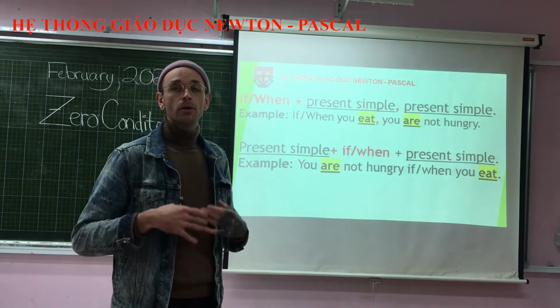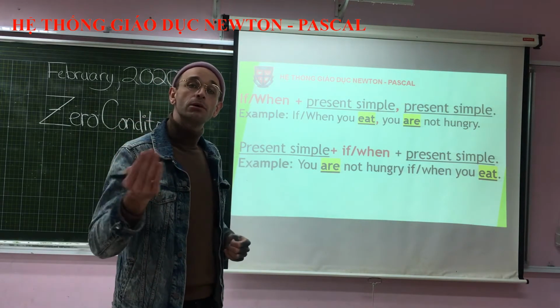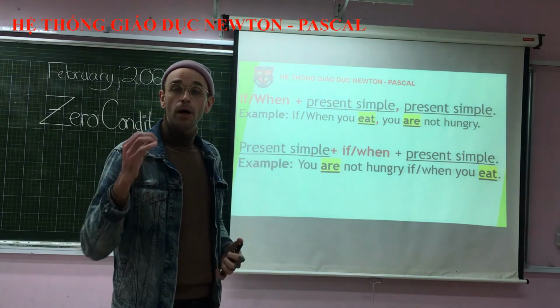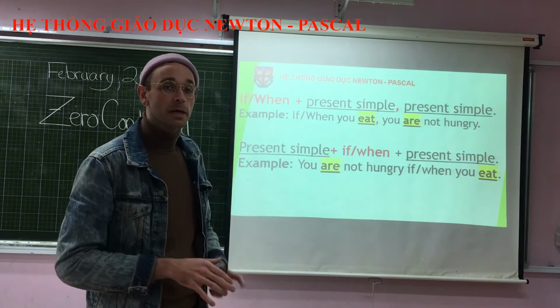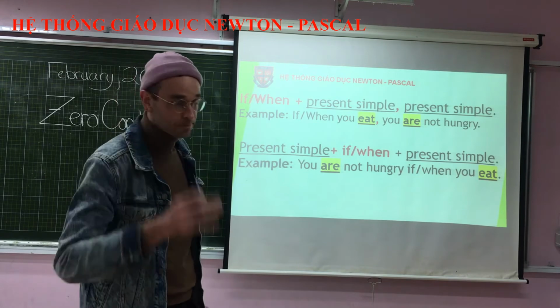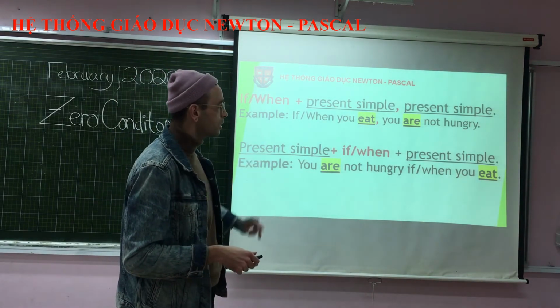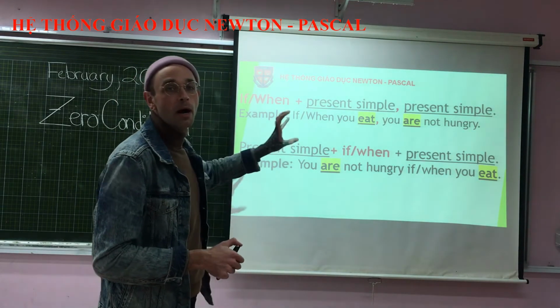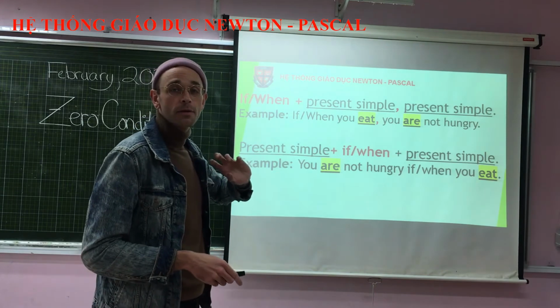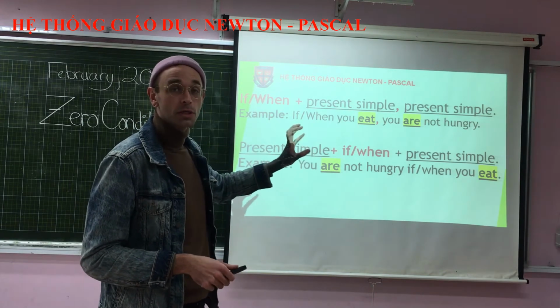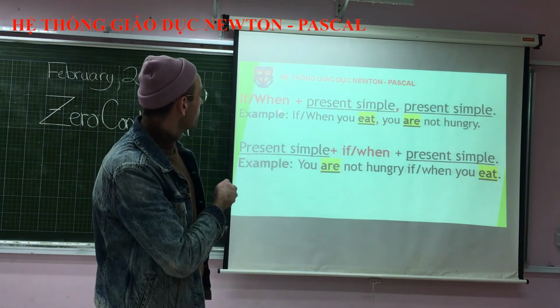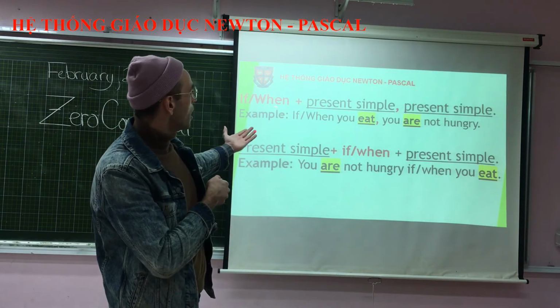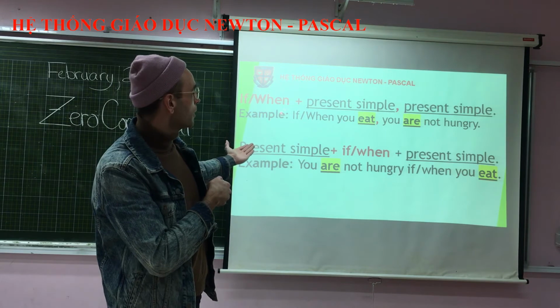Remember that when we are talking about the zero conditional, one of the important things to remember is that our verbs must be in the present simple. And here's a little bit of a closer look at the form of both of our zero conditional sentences. At the top here, you see that we have our if clause on the left.